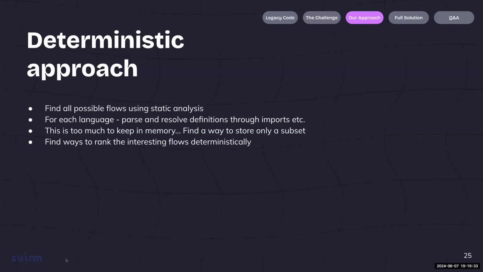That is, not by sending it to a generative AI model and asking it to rank somehow without us understanding the algorithm, but finding very clear heuristics or ways to rank a specific flow so we can iterate on them based on more and more examples we see in our data set, till we see that every time we get a repository, we can find the most interesting flows.